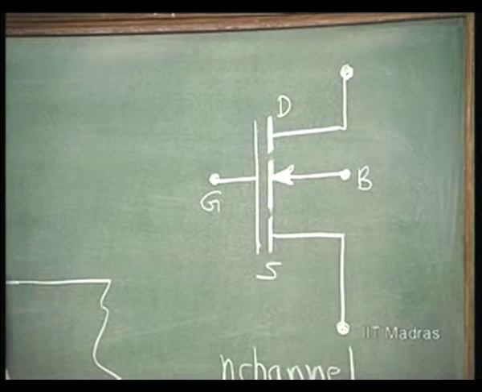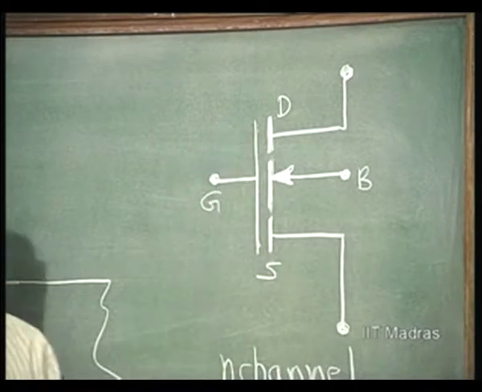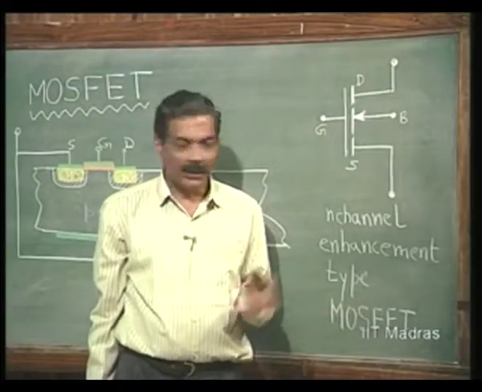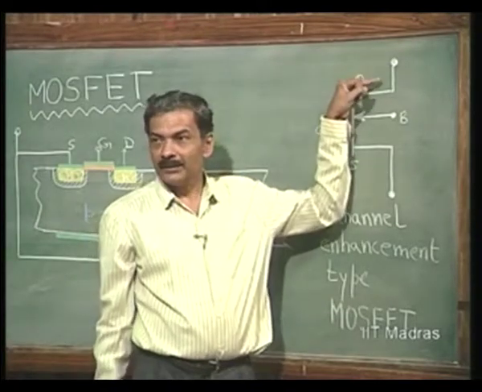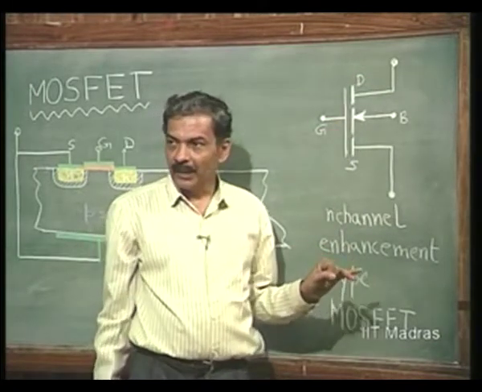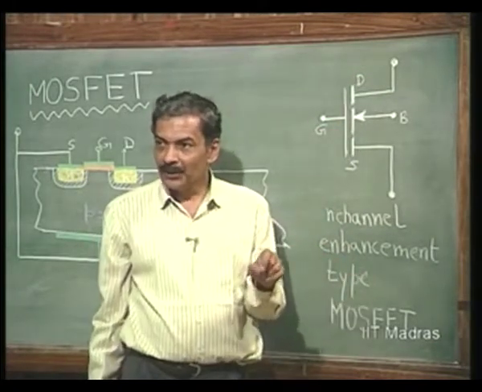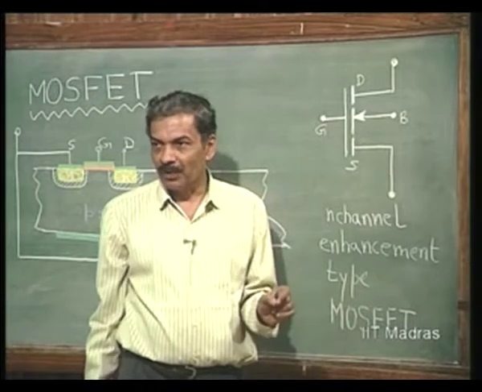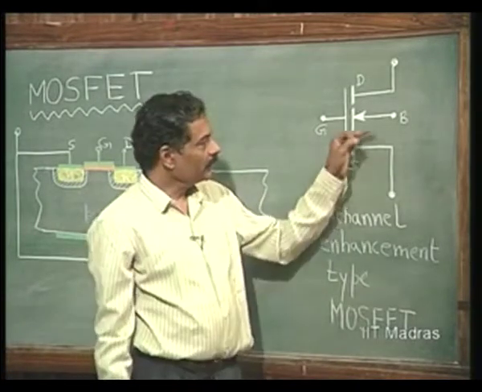This channel can exist only if I apply a voltage. So, this break indicates that this is an enhancement type, otherwise source is not connected to drain normally. So, the break indicates that unless I apply a voltage, the channel cannot be formed. Okay. So, this is the symbol.